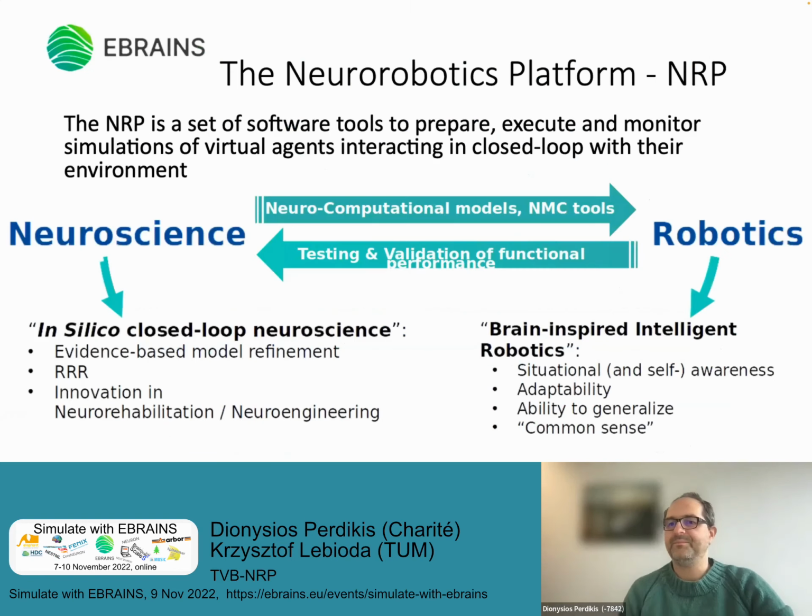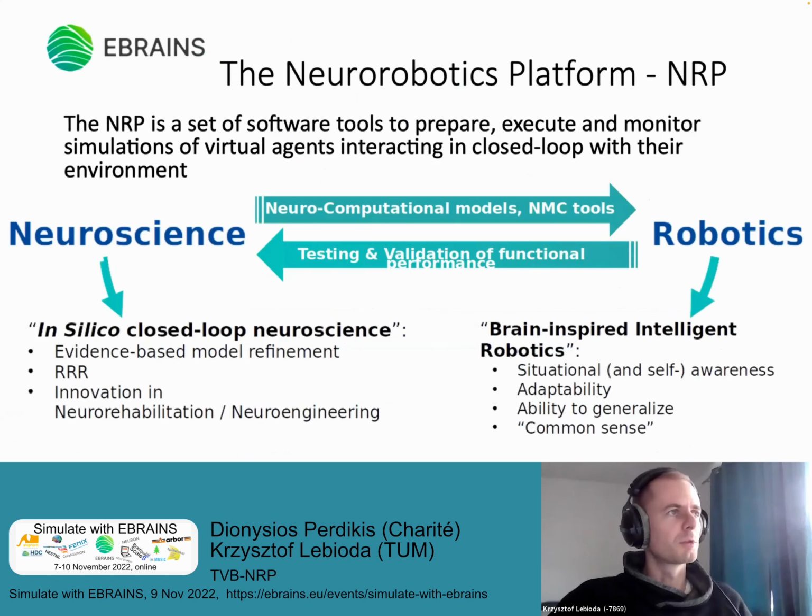So as Denisa said, I will start with a short introduction to the neurorobotics platform, or NRP in short. NRP is a set of software tools that allow us to prepare, execute, and monitor simulations of virtual agents that interact with their environment in a closed-loop manner.